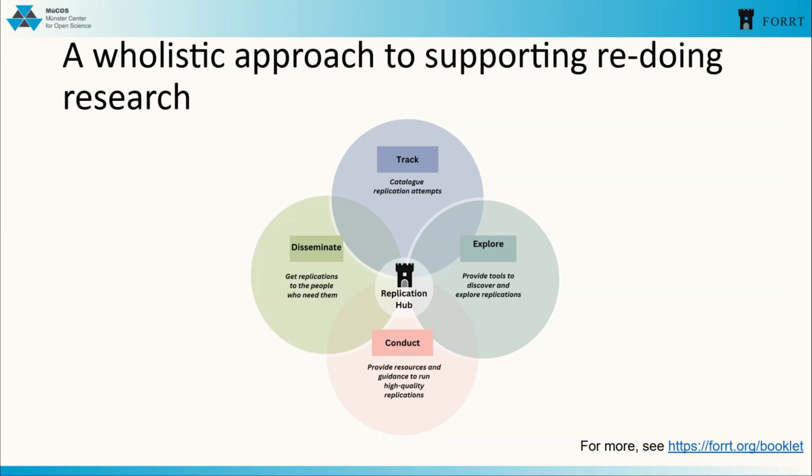So can deviation be good? Then how to write a replication report. Is it the same like a normal report, or do you have to think of some special things? All of these questions are questions that we try to answer in the conduct area of the Replication Hub.